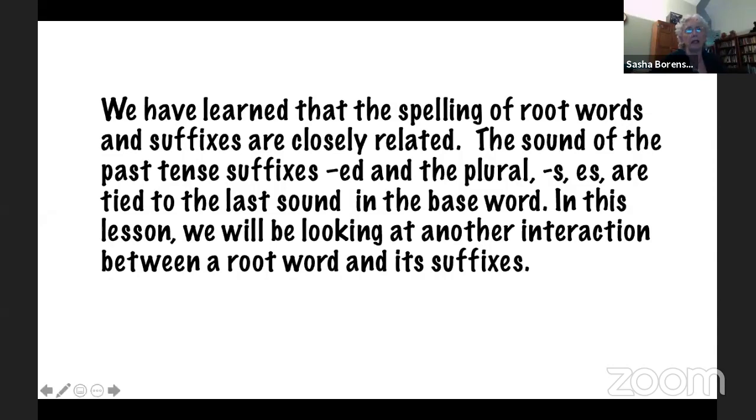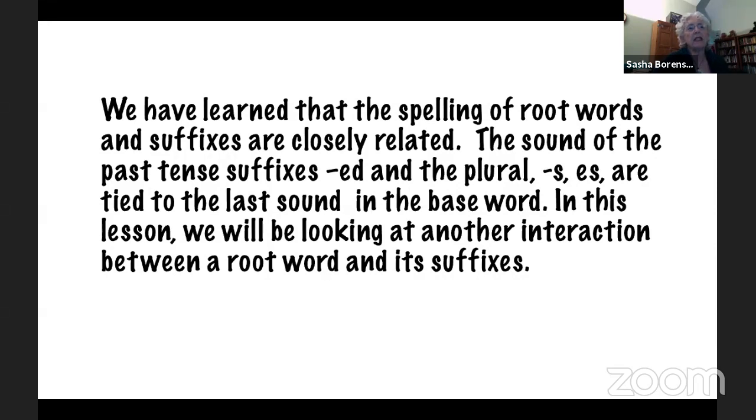So this is what I wrote to do that for the next lesson, that we've learned the spelling of roots and suffixes are closely related, and that sounds of the past tense and the plurals are tied to the last sound, because it could be either a consonant or a vowel.